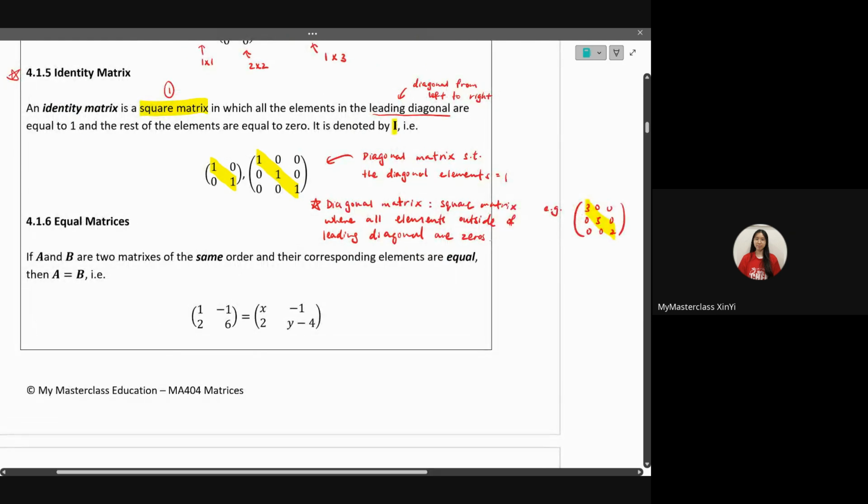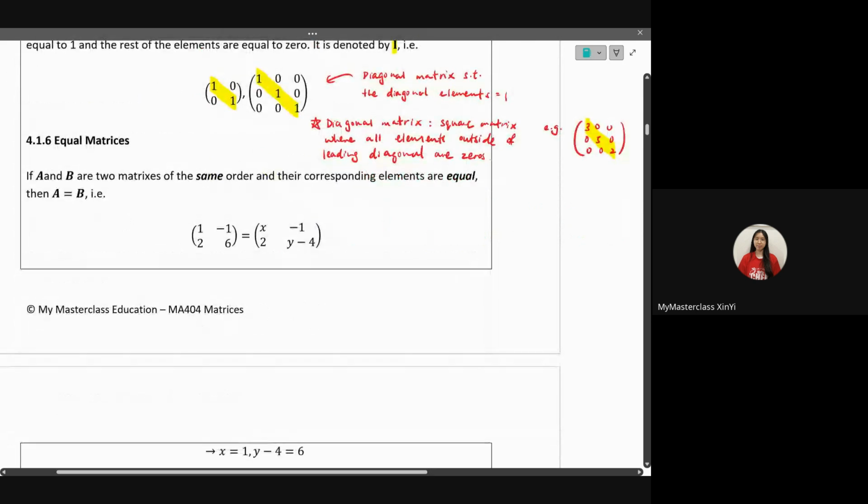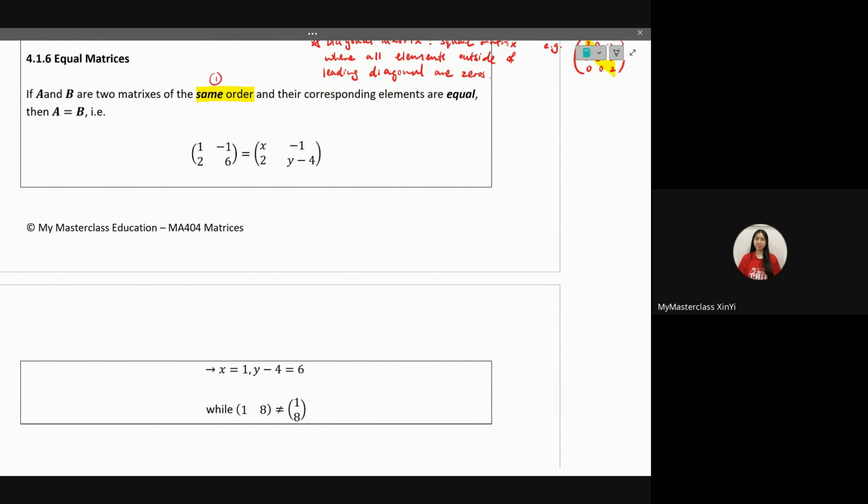Last part over here, where we talk about equal matrices. For equal matrices, first of all, they should be of the same order and their corresponding elements should also be equal. They should be exactly the same.